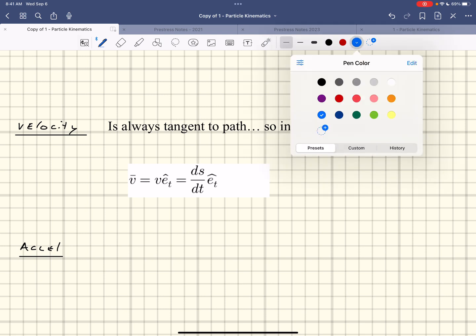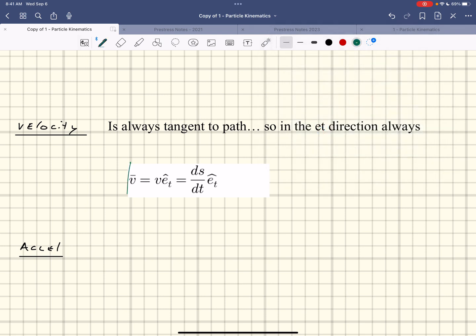You might be a little confused right now, but once we start doing some example problems, you'll see why we're doing it this way. We've got to go through this first, though. So the velocity vector is always there is no EN component. And what I mean by these base vectors, right? Just like we wrote I, J, and K when we wrote down our velocities and accelerations, we do the same thing here.